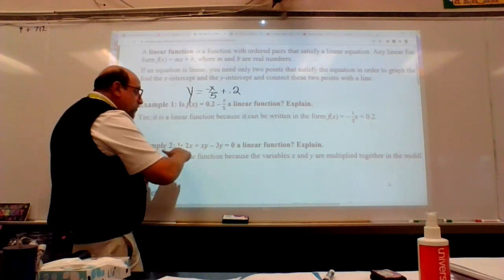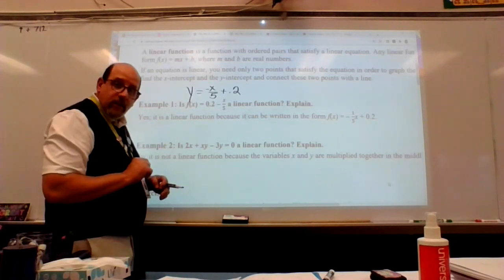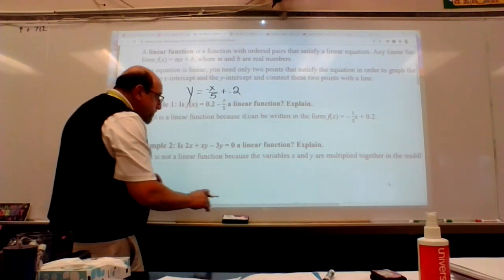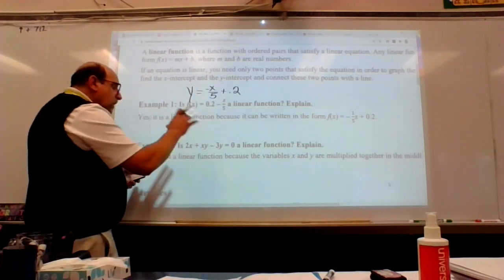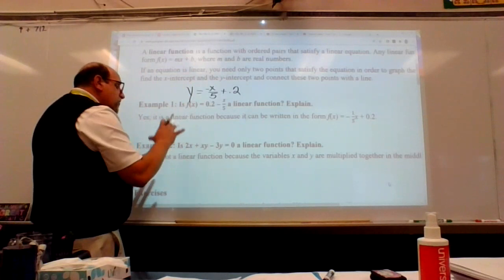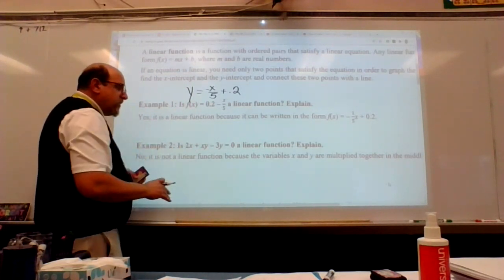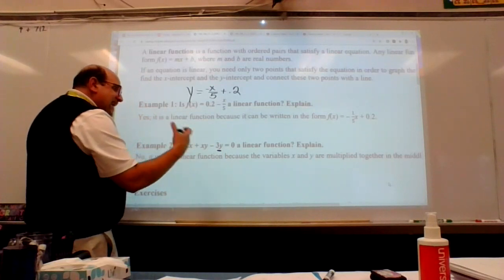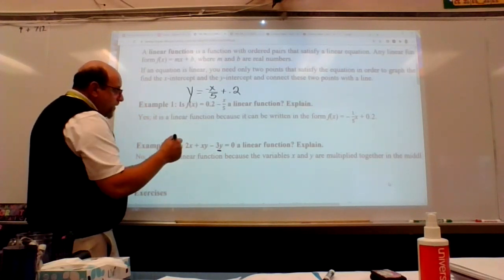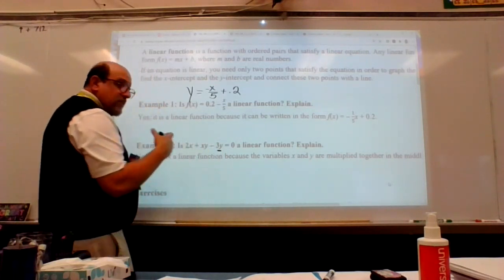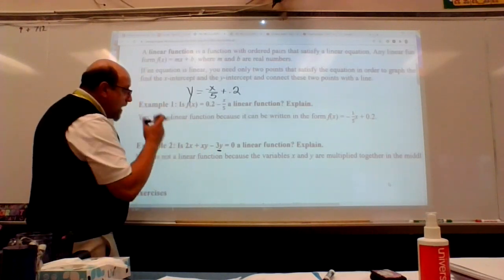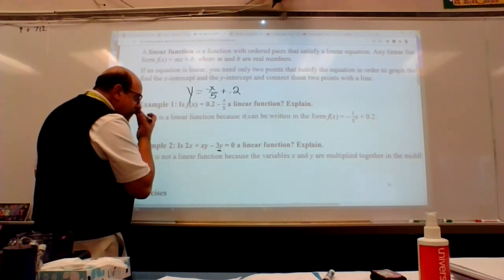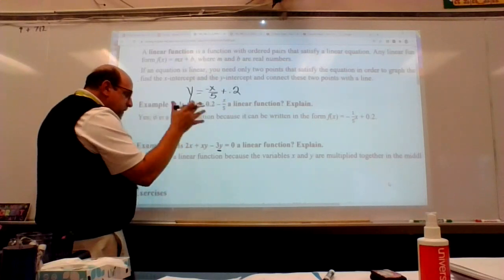Let's go ahead. This is written in a different form, isn't it? Well, is this a linear function? If, when I try to solve this and solve for 1y, can I do it? The truth of the matter is yes. Yes, you can do this, and it's really not that difficult. If you factor this, you can make this work.